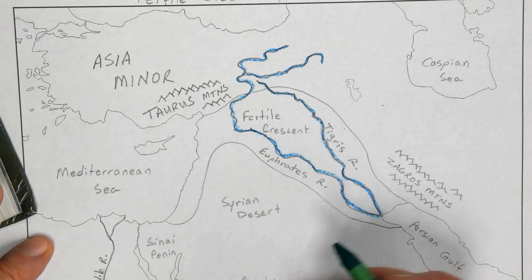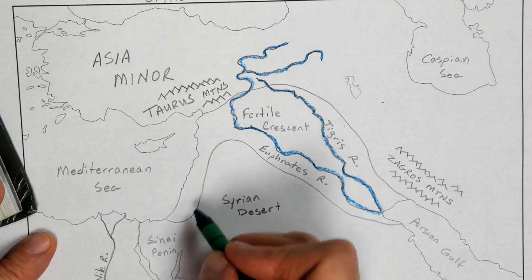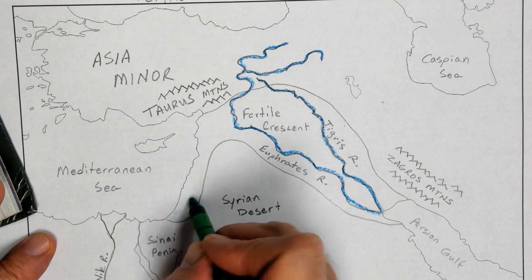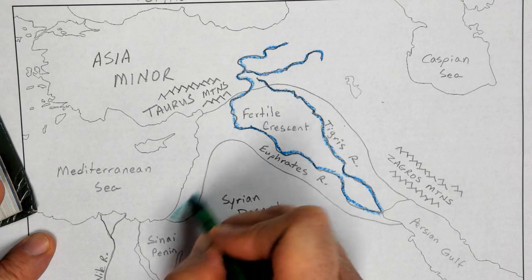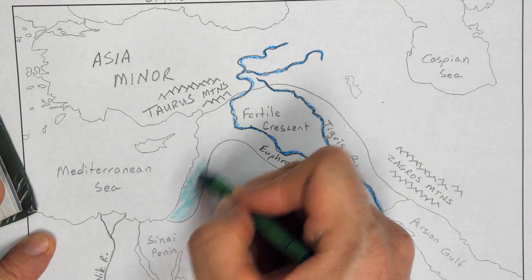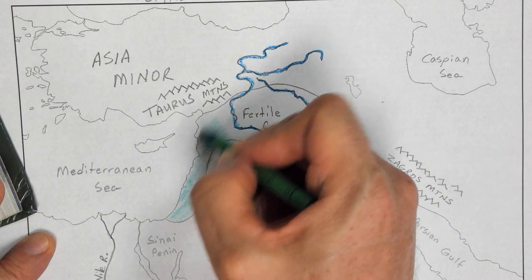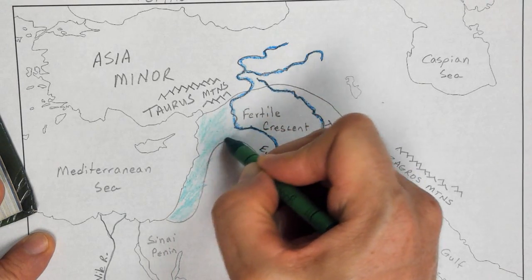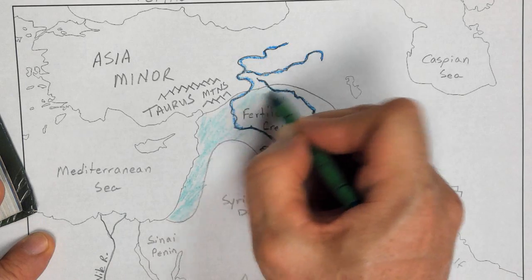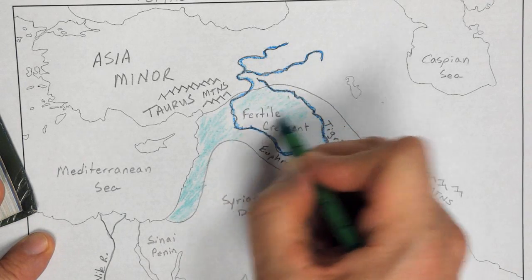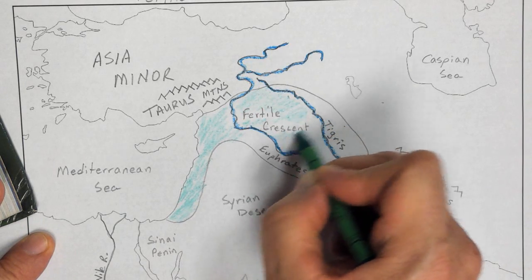Now, the first thing I want you to color is get that Fertile Crescent colored green. Just like this. Nice and light. I'm not going to color right on top of my letters.